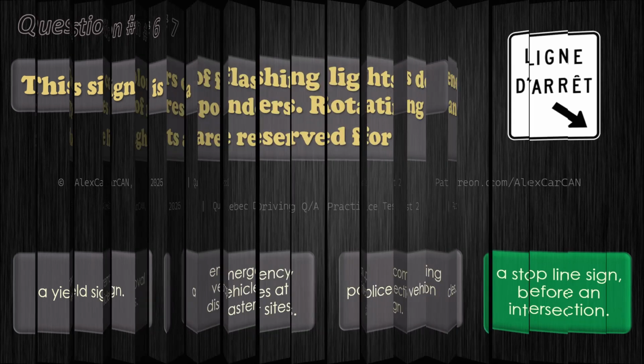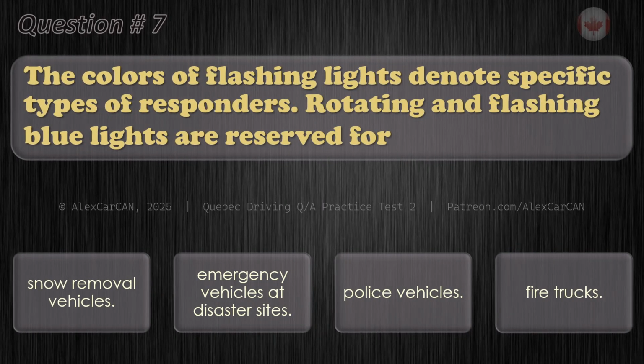Question number 7. The colors of flashing lights denote specific types of responders. Rotating and flashing blue lights are reserved for snow removal vehicles, emergency vehicles at disaster sites, police vehicles, fire trucks. The correct answer is police vehicles.